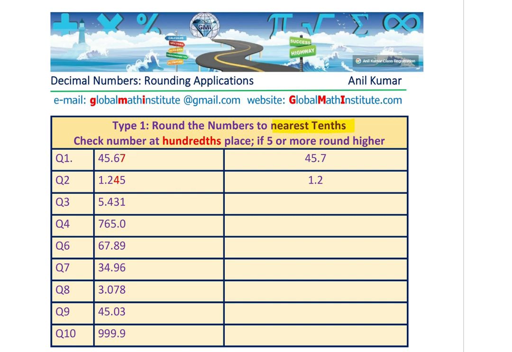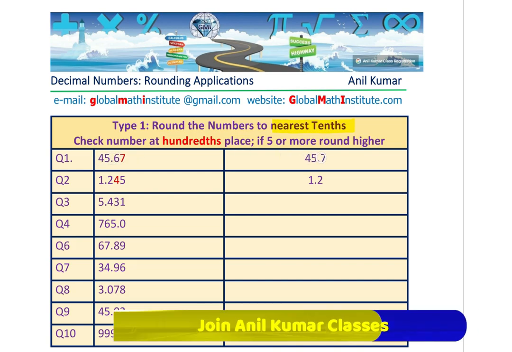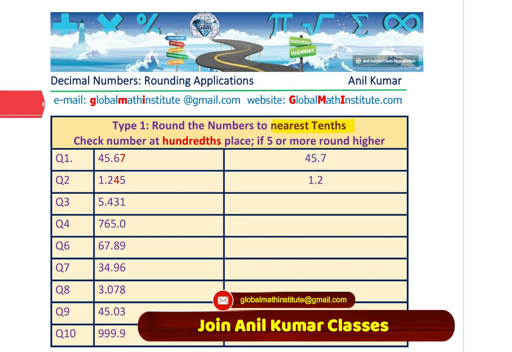So the number on the hundredths place is what you have to check. I have highlighted that in red, right? So check the number in hundredths place. If 5 or more, round higher. Now since that is 7, 6 will be rounded higher to 7. So we get 45.7. Is that clear to you?